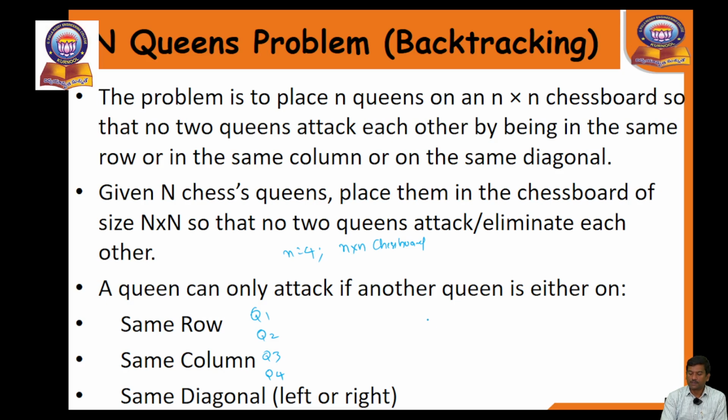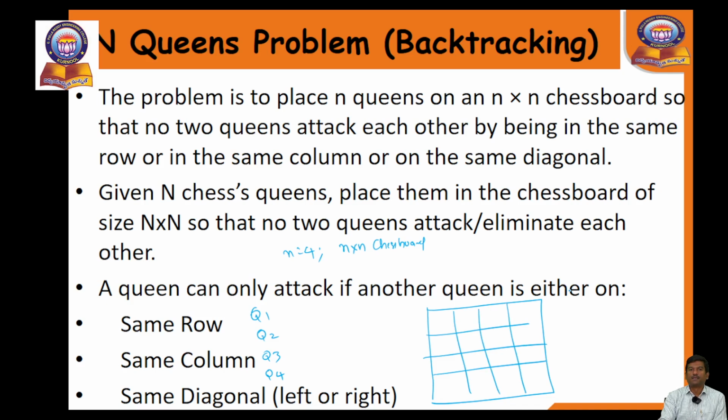When you consider the n by n chessboard, it will have 4 by 4 cells. When you place queen 1 in the first row, first column, then we cannot place queen 2 in this position, and similarly we cannot place it in this cell.